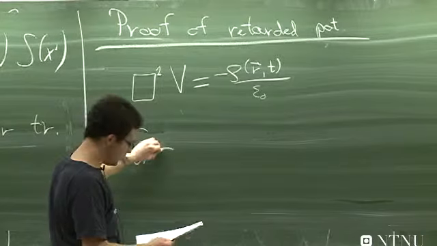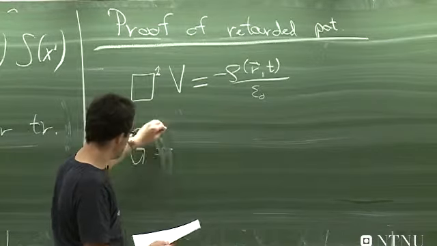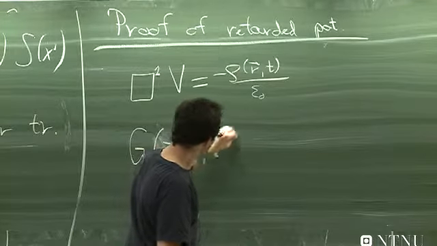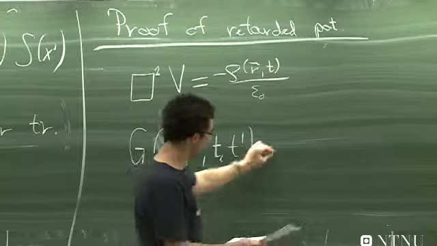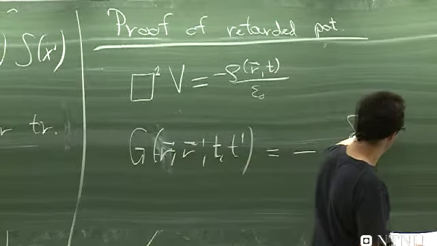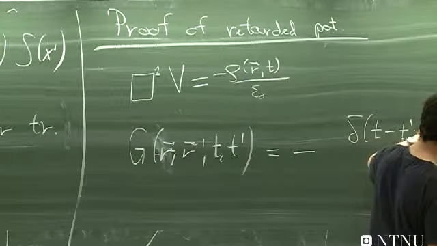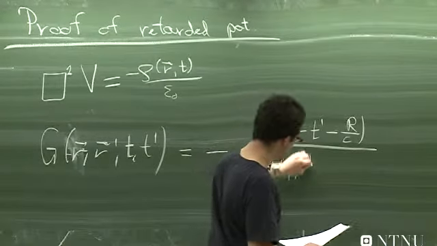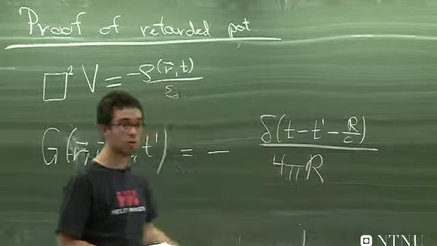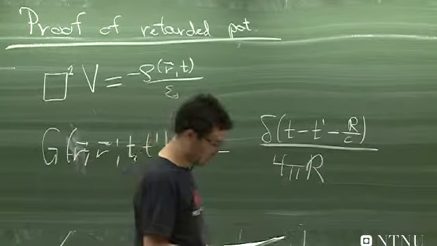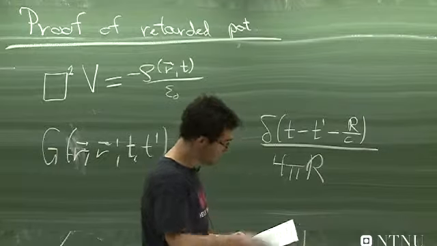So G is equal to, it's G of R, R prime, T, T prime technically. It's equal to minus delta of T minus T prime minus R over C, and then 4 pi R, and R is just the distance from the point I'm observing the potential to the point of the charge distribution.